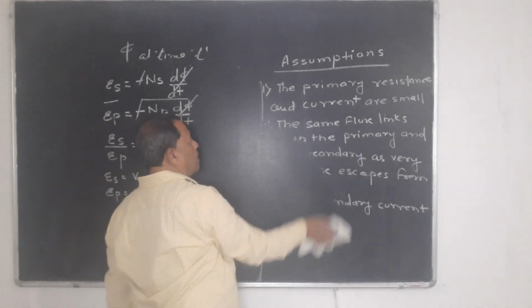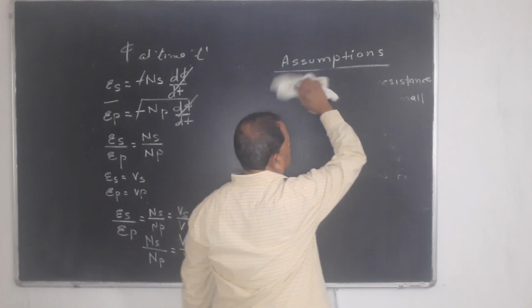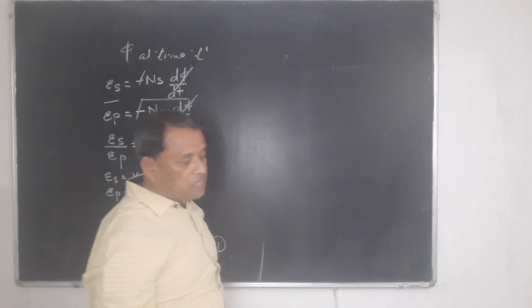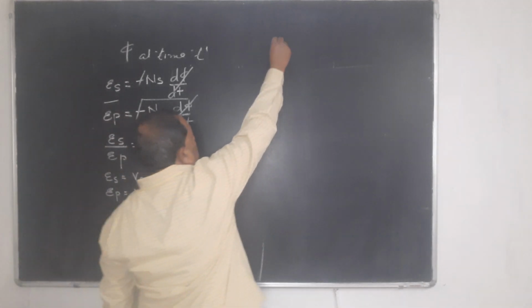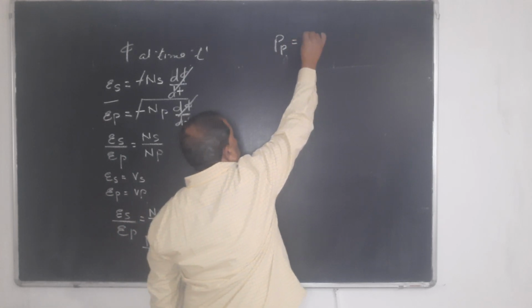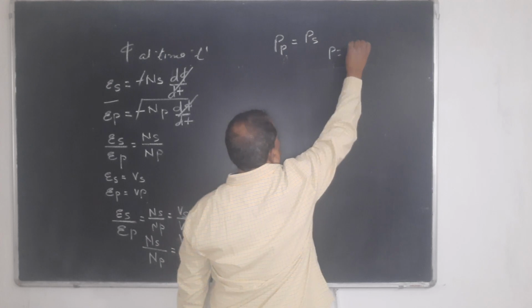Second, for the ideal transformer, the power in the primary is equal to the power in the secondary. So, power in the primary is equal to the power in the secondary. P is equal to VI.